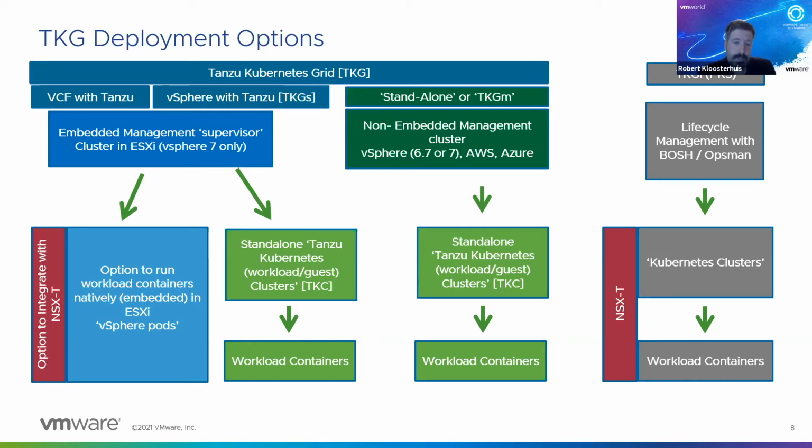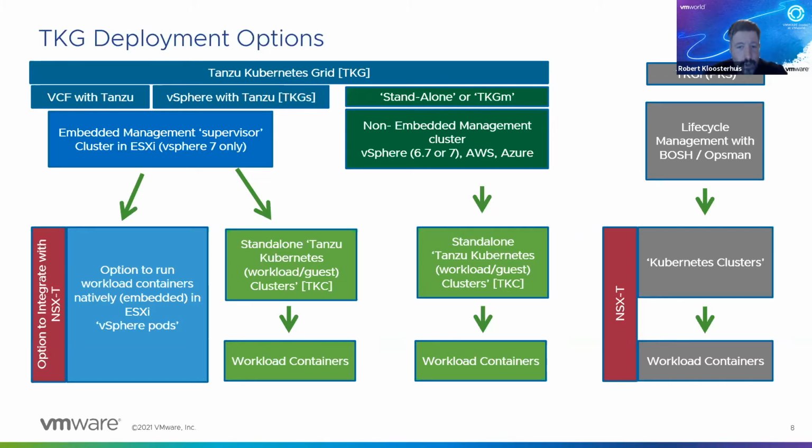Now, it should be noted that this option to run these pods inside ESX natively requires NSX-T today. And the oldest version, TKGi, is completely dependent on NSX-T, or by default at least. There are options to use Antrea in the latest versions of TKGi now, but it's kind of made to be used with NSX-T.